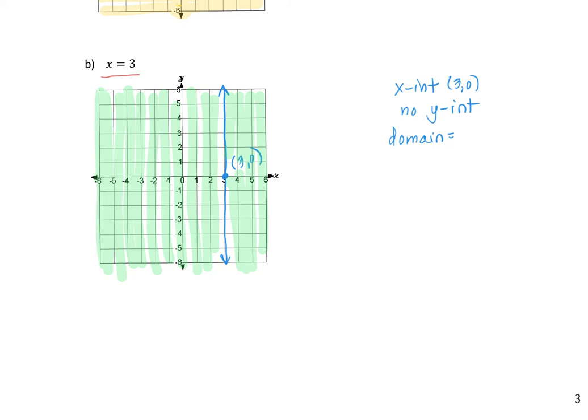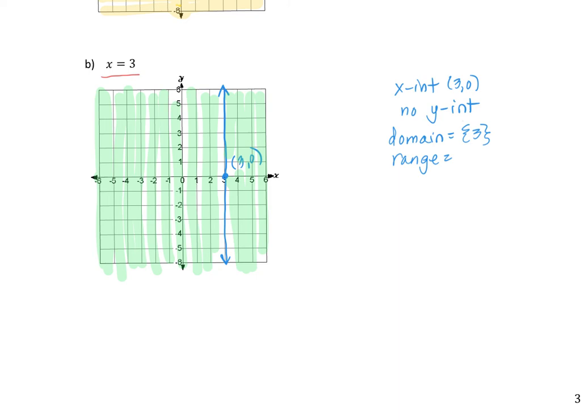It's the value 3. I would put that in set braces as a set, 3. The range, which would be my y values, is going to be all real numbers.